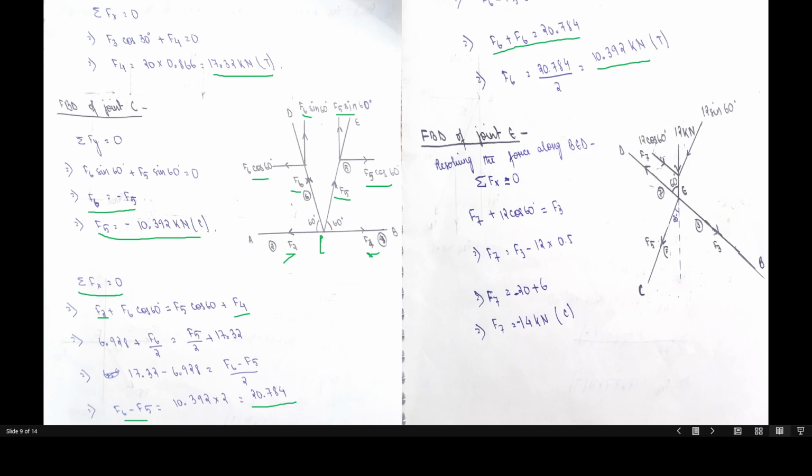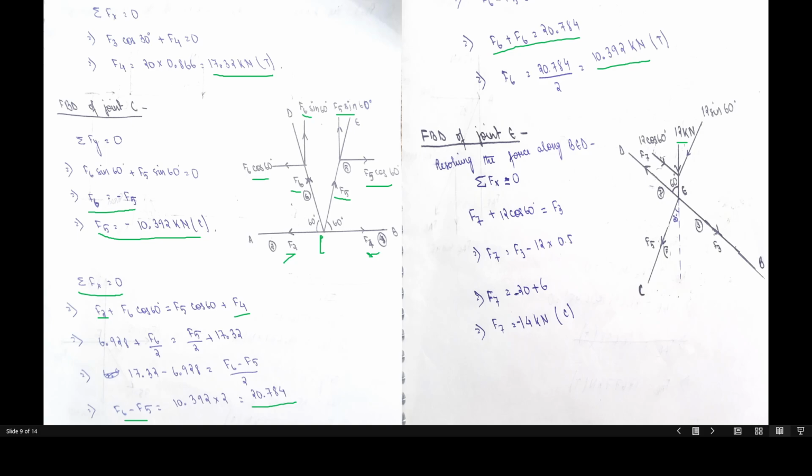Then we'll find the FBD of joint E. And here we see that 12 kilonewton is the only inclined force that is inclined at 60 degrees. So we resolve this. We already have the value of F5, but we don't need to do that.